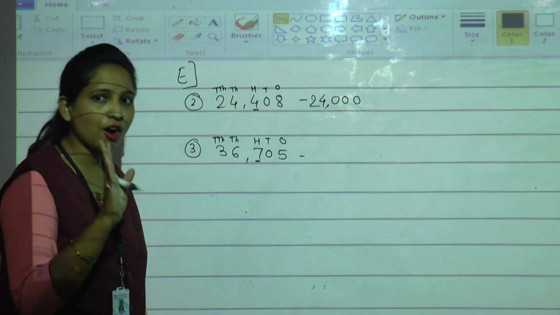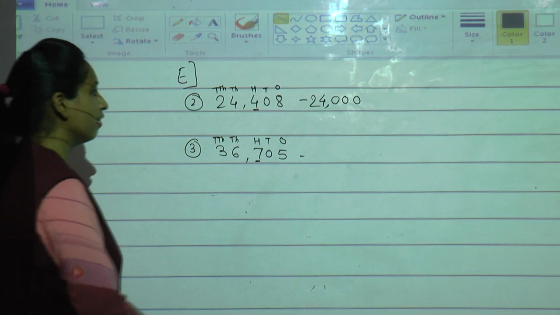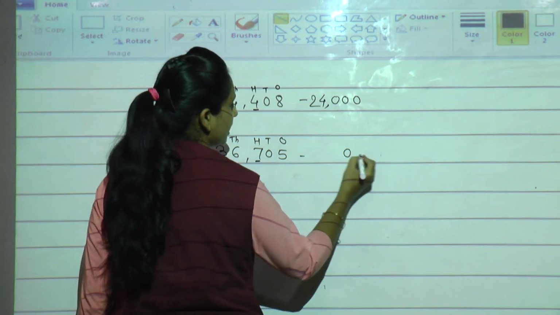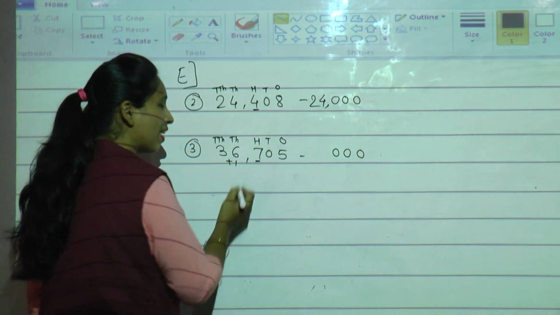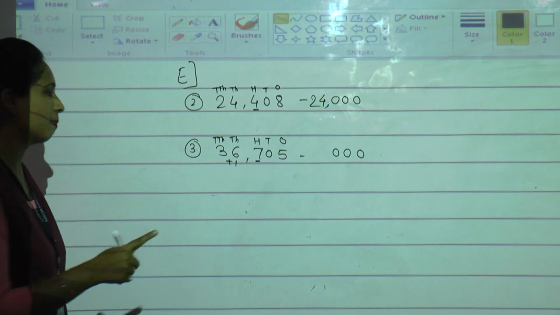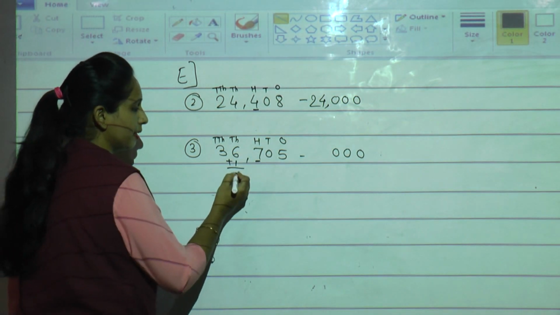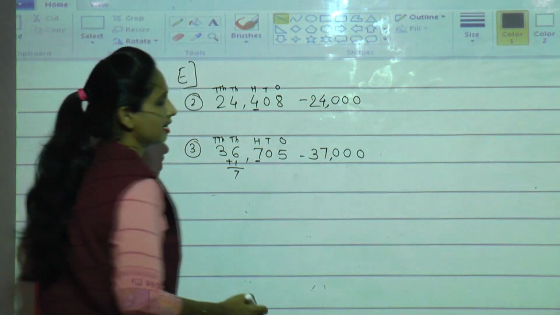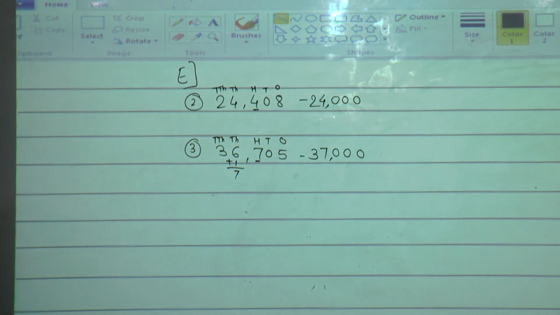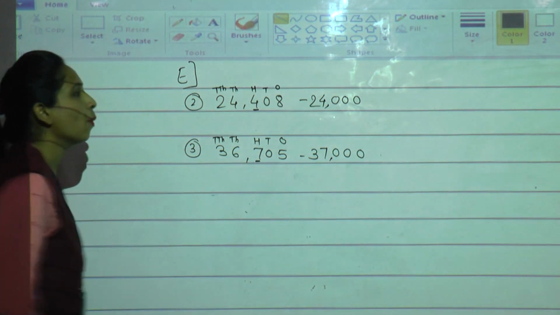If it is 5 or more than 5, what do we have to do? Place zeros at the ones, tens and hundreds places and add 1 to the thousands place. Now what will happen? 6 plus 1 is 7. So 3 as it is. So the answer is 37,000. Got it? Very easy.